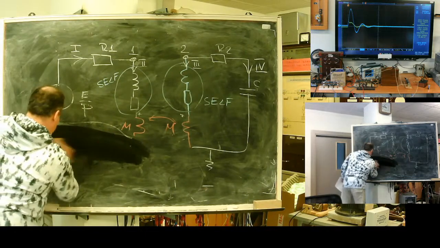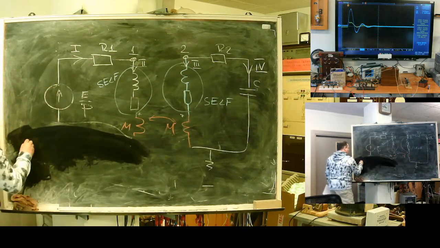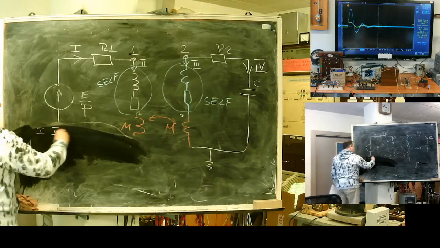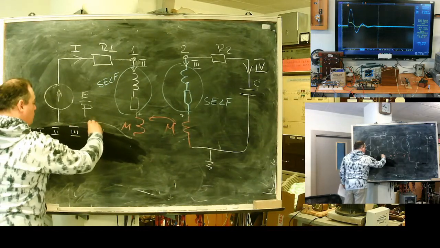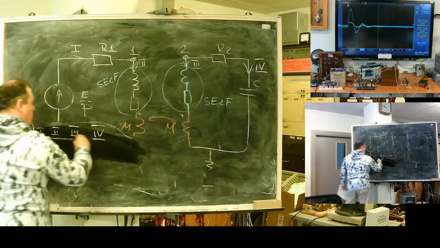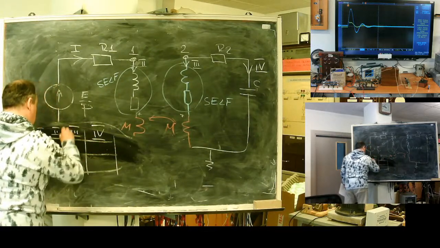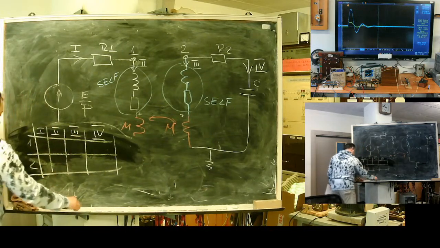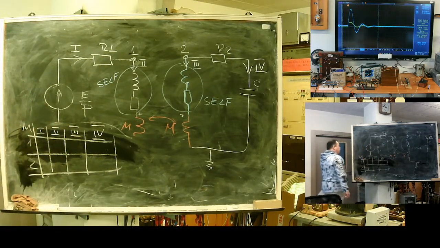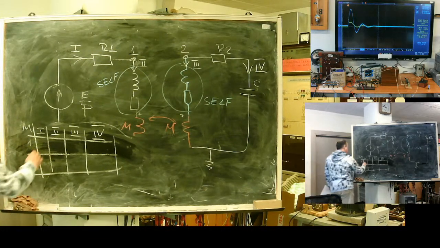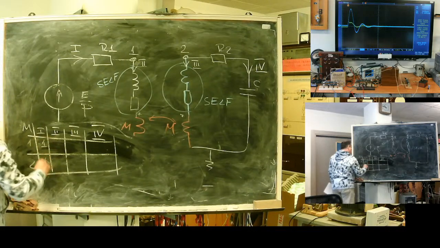For my case, how many nodes do I have? 2, 1 and 2. The base node is not accounted. And first, second, third, and fourth branch. Here is the template for my first incidence matrix. What can we say? The first branch inflows into node 1: -1, 0.